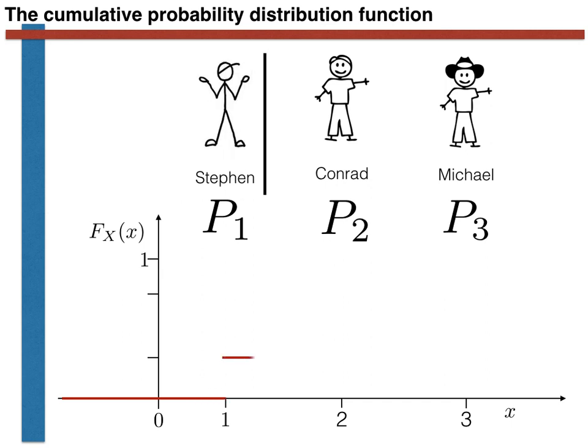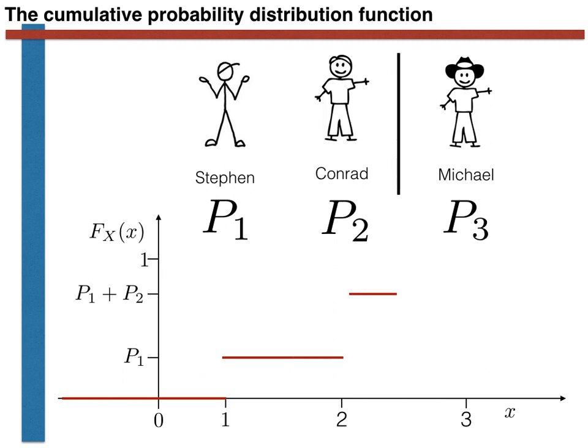For x equals 1, Stephen is a member of the subset, the probability that we pick an outcome with x less than or equal to 1 is thus P1, the probability that we pick Stephen. Stephen remains the only member of the subset until x reaches 2.